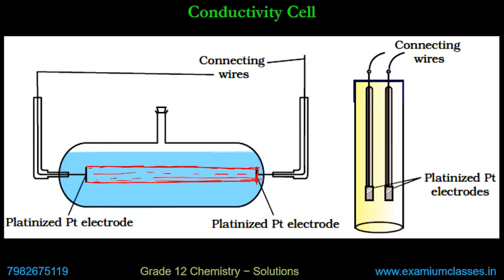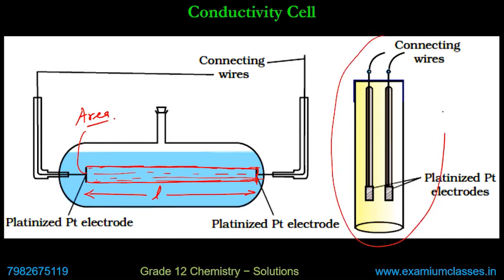The length between these two electrodes is known. The area of these electrodes is known. Similarly, in the second arrangement, the area exposed to the electrolyte is known, and the distance between the two electrodes is known.